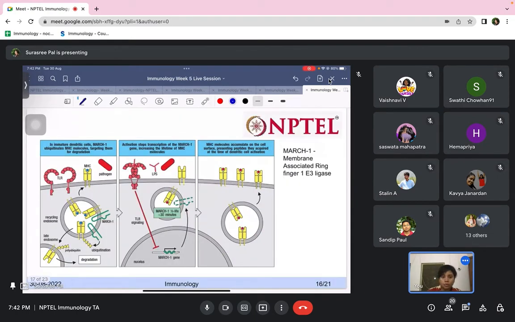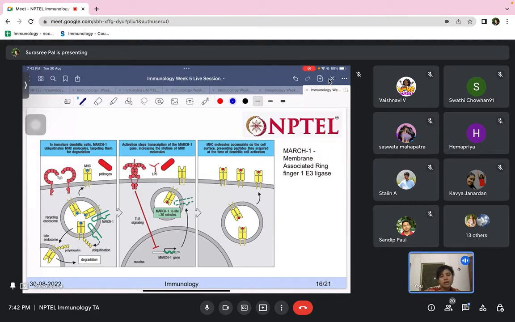Sorry, before moving on to the next question, let's come back here. One thing is that the peptide MHC complexes present on the cell surface are continuously recycled from the surface.